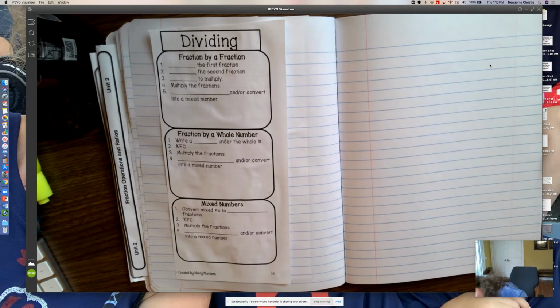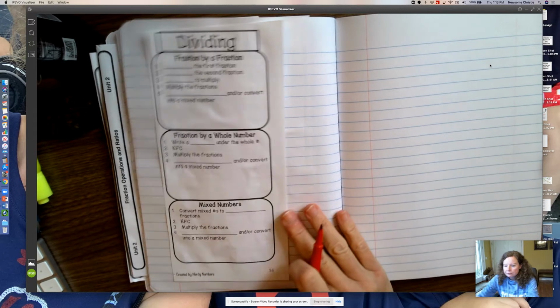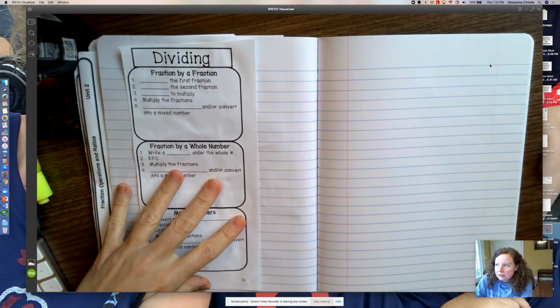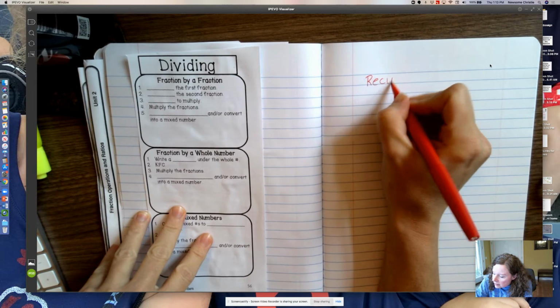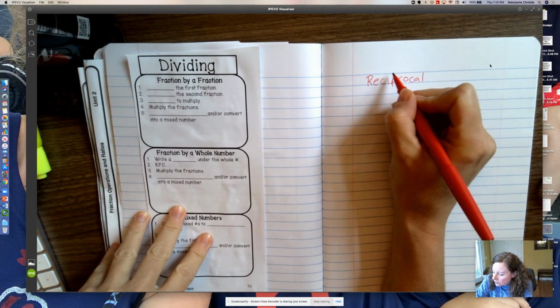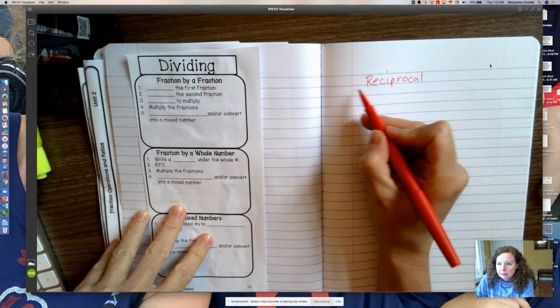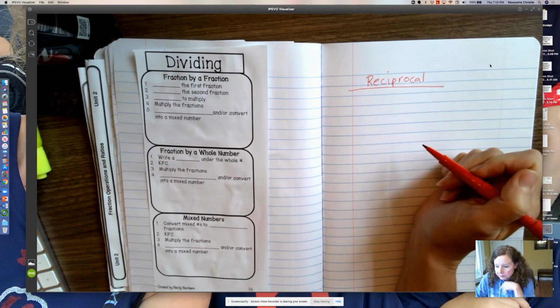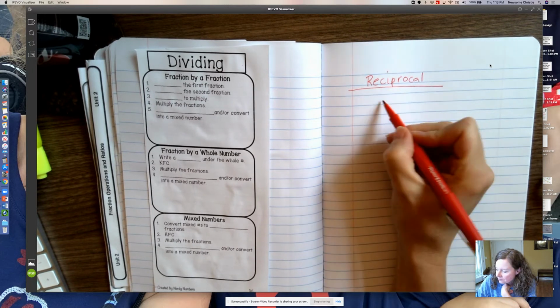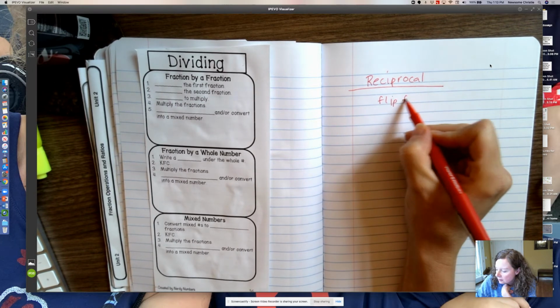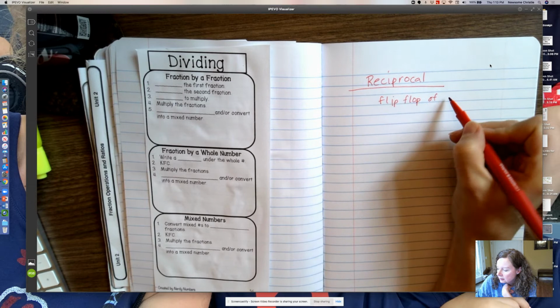There is a new math word that you need to know right now for division of fractions. And so over here in your notebook, what I'd like you to write down is: reciprocal is a new math word, okay? So a reciprocal is basically the flip-flop of a fraction.